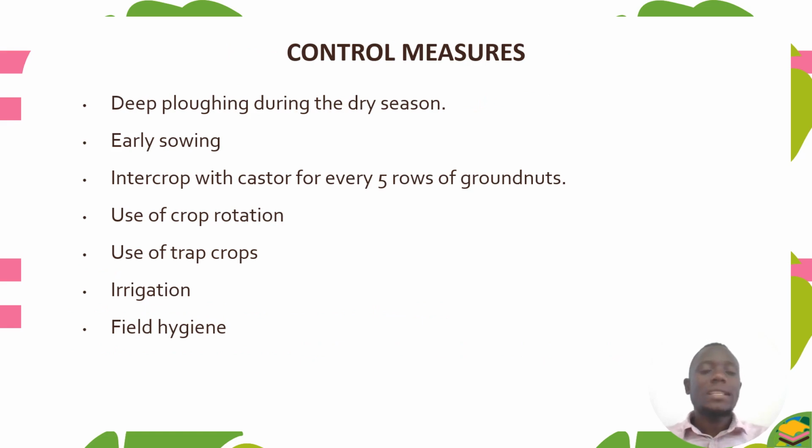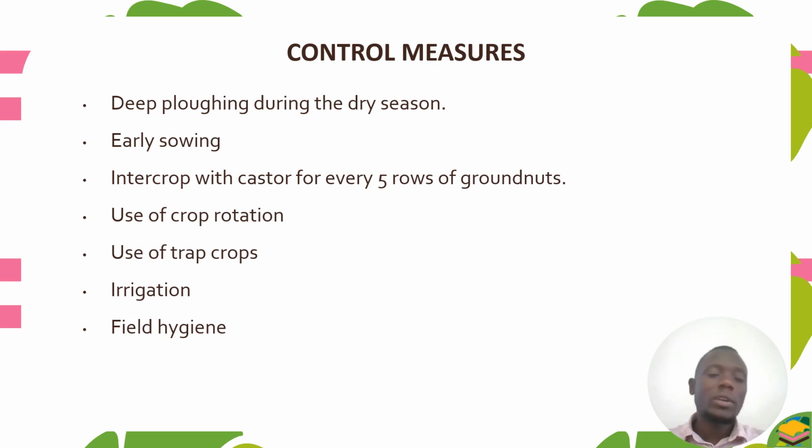So let's now look at how you can control these red hairy caterpillars. The first one is by deep plowing. When you do deep plowing during dry season, you expose the hairy caterpillars, their eggs, to harsh weather conditions, the sun.